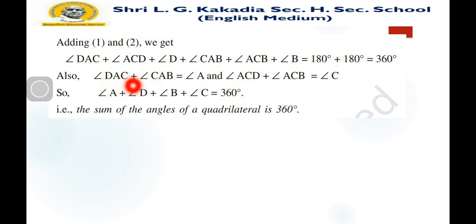Here, angle DAC plus angle CAB is angle A, since DAC and CAB are adjacent angles in the figure. Angle ACD and angle ACB are adjacent angles, so we get angle C. So angle A plus angle D plus angle B plus angle C is equal to 360 degrees. So we can say that the sum of the angles of a quadrilateral is 360 degrees, which is verified.